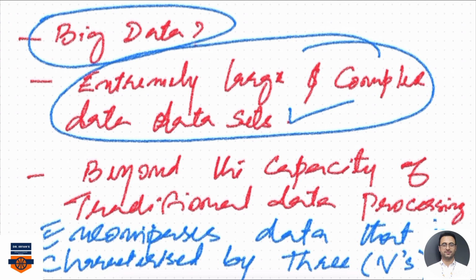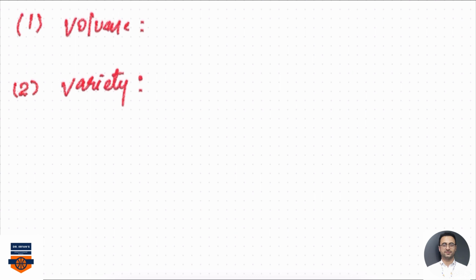There are other V's as well, but the fundamental and core V's are: the first one is volume, the second one is variety, and the third one is velocity. In other words, big data is the composition of the following three V's: volume, variety, and velocity.